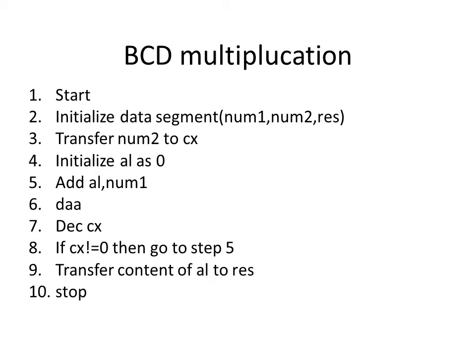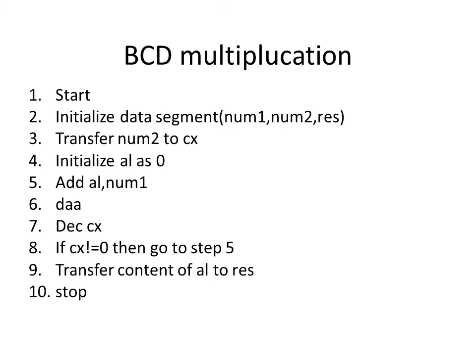Num1 should be added to itself num2 times. Okay, so the CX register is set to the value of num2. AL, which stores the value of the addition or the final value of multiplication, is set to 0.